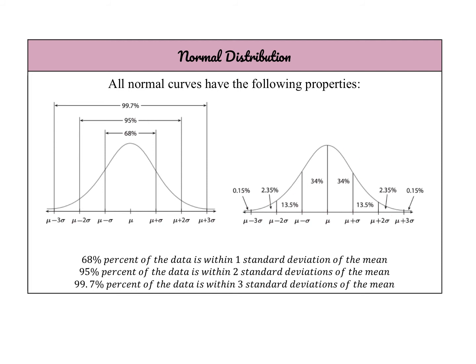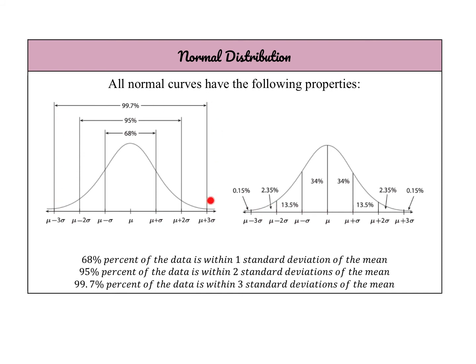And then between the first and second standard deviation away, that's an extra 13.5% on either side. So this area is 13.5, this area is 13.5. If you add up all 4 of those, you get 95%. So 95% of your data is going to be within 2 standard deviations of your mean, which means 2 to the right or left. And then in this third column to the right or left is an additional 2.35, 2.35.